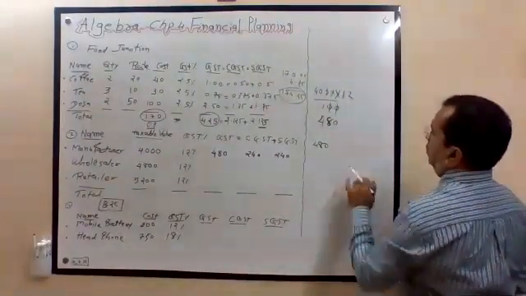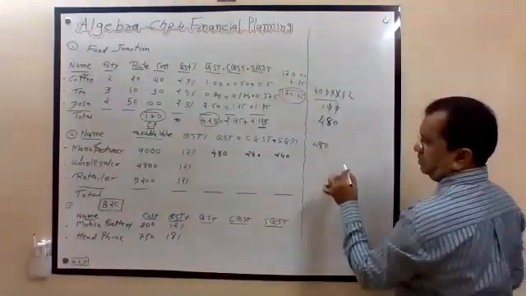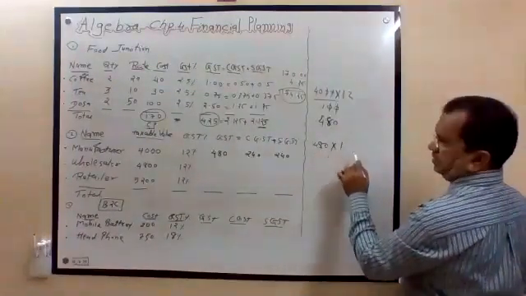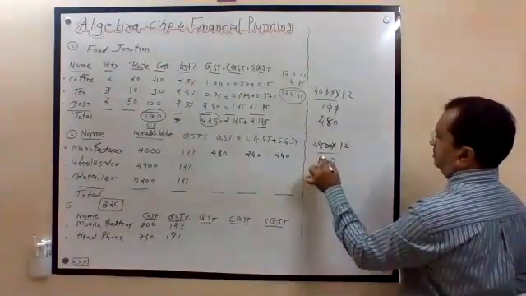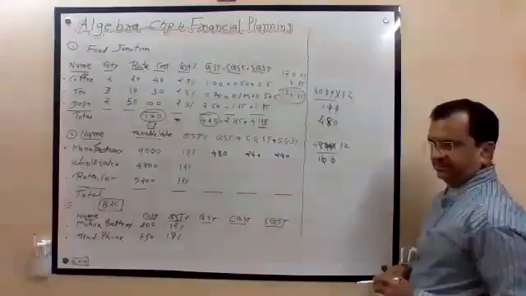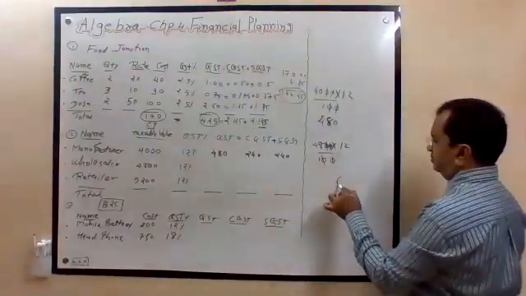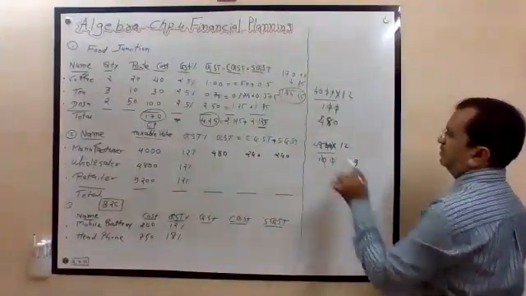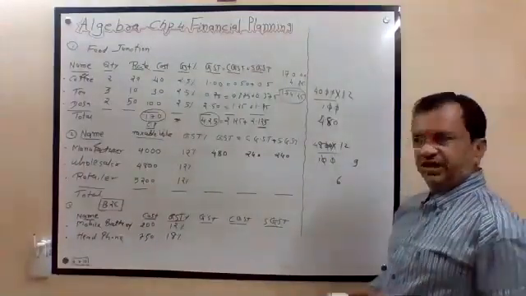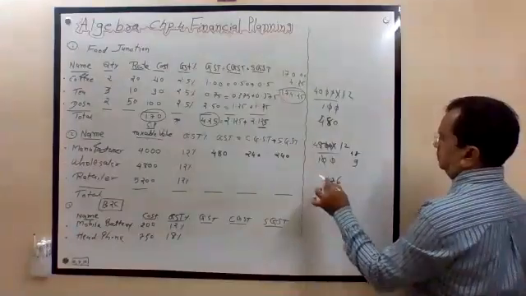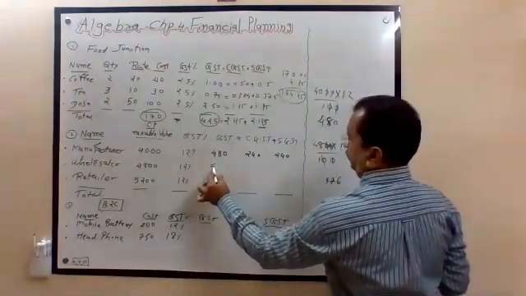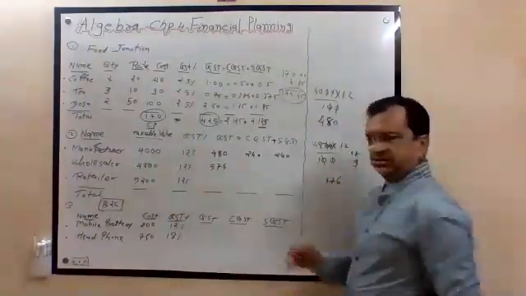480 into 12, 4800, sorry. 12 divided by 100. This cancels, this cancels. 12 sixes are 72, 12 fours are 48. So it is 576.